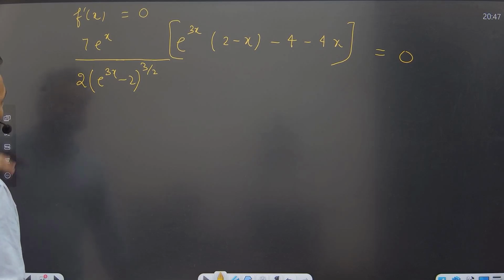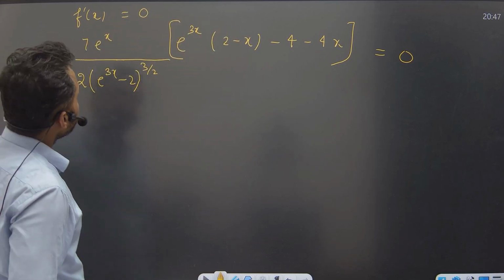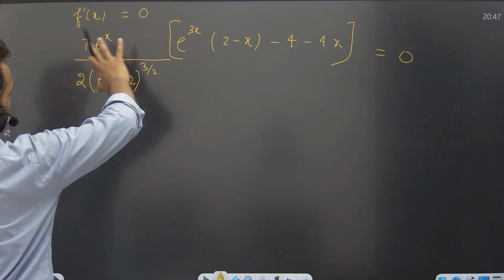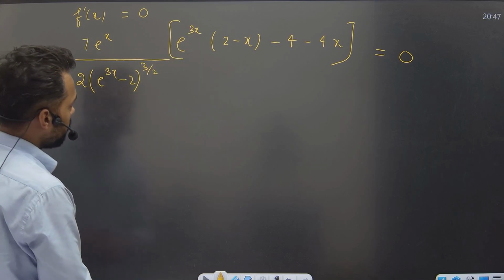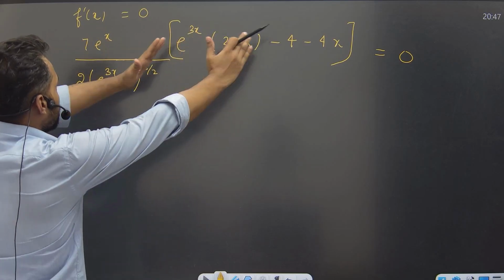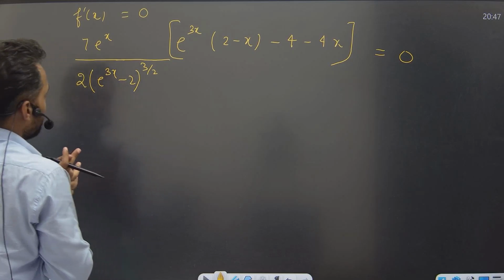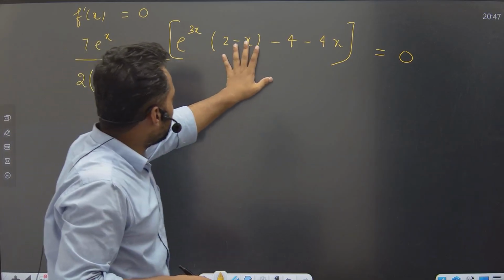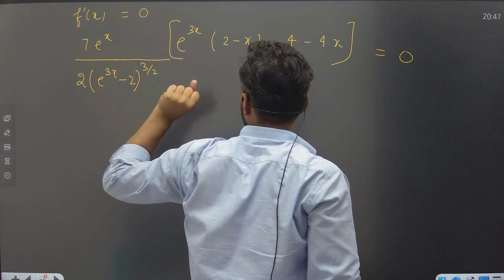Okay, so this will be kept as 0. It means the multiplication of these expressions should be 0. So either this part should be 0 or this part should be 0.